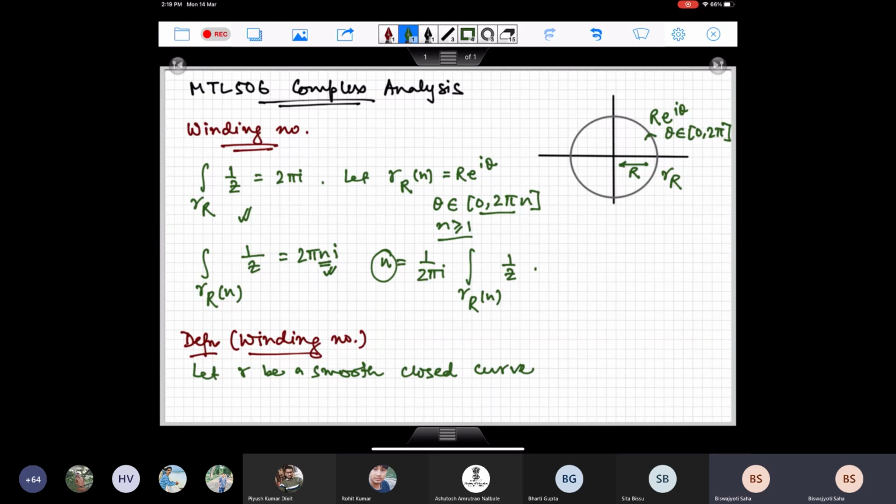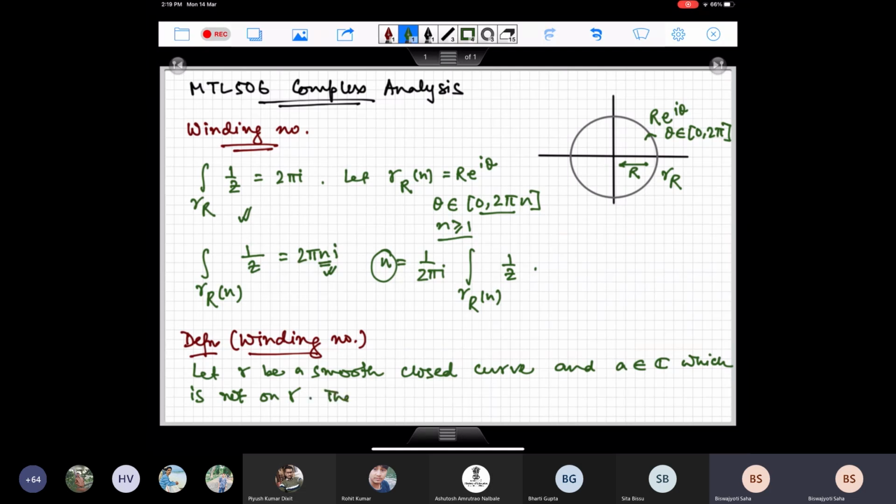So here let gamma be a smooth closed curve, and I take a complex number a belonging to C which is not on gamma. That means the point does not lie on the trace of gamma.